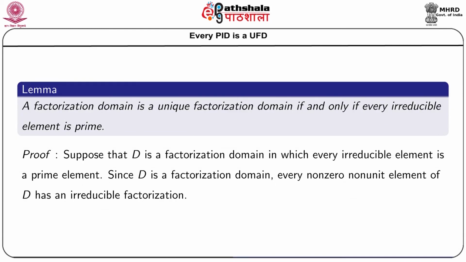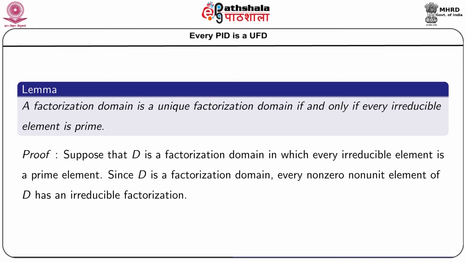Now, we prove that a factorization domain is a unique factorization domain if and only if every irreducible element is prime. We already have that in a unique factorization domain every irreducible element is prime. It remains to prove that if in a factorization domain every irreducible element is prime, then it becomes a unique factorization domain.